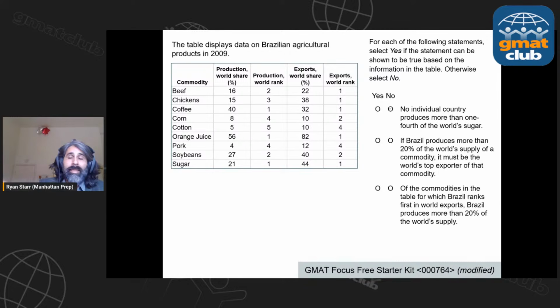Either the statement is contradicted by the table, or the table just doesn't contain enough information to say one way or the other. That is to say, there's insufficient data in the table to justify the statement.